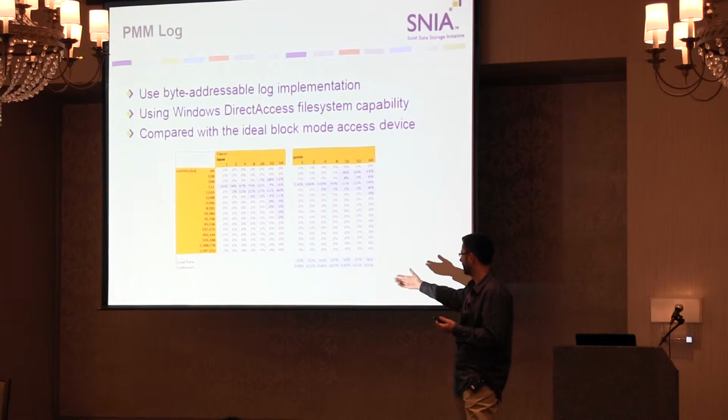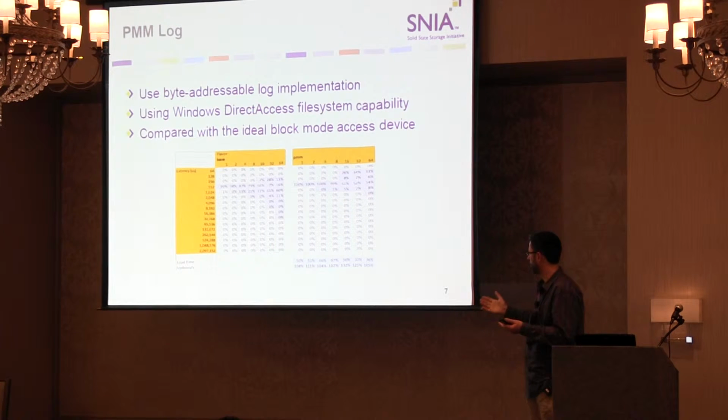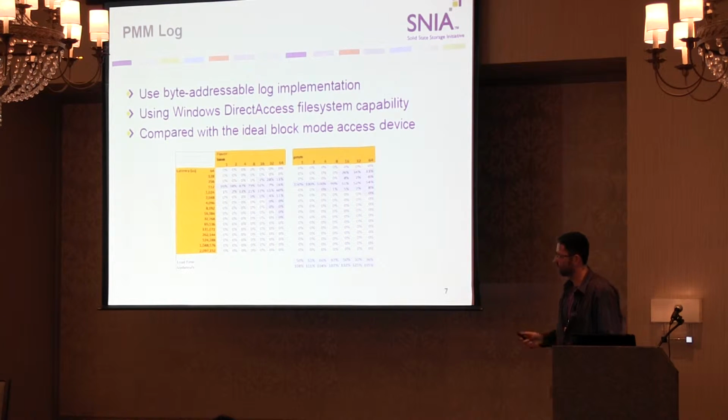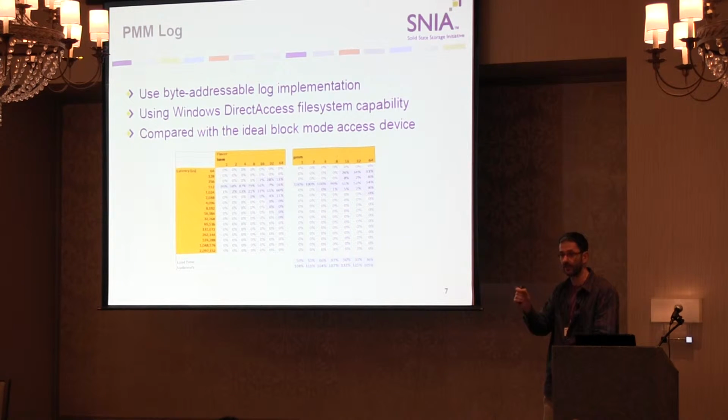And in terms of updates per second, so overall throughput of the workload, at every thread utilization point, you see a gain going between 4% and, I guess, 25% across different core utilizations. So overall, both in terms of latency and throughput, the cache line log implementation does better than the block-based one, even the ideal block-based one.